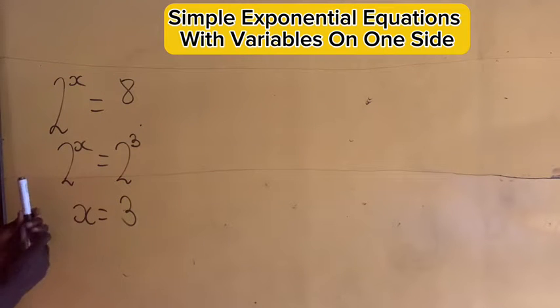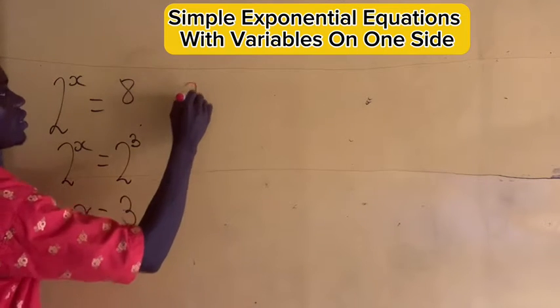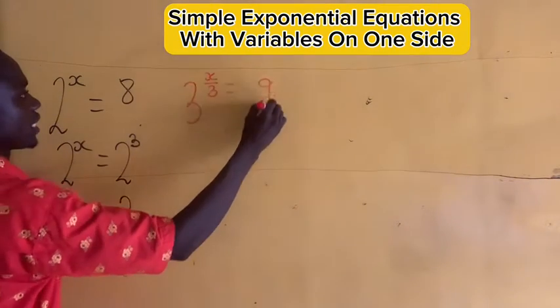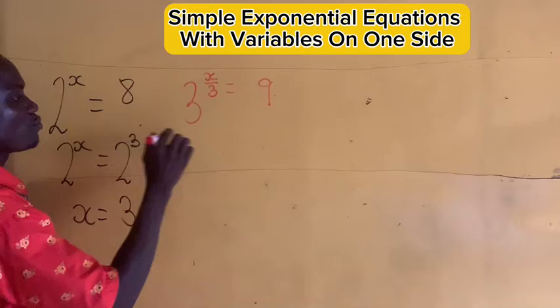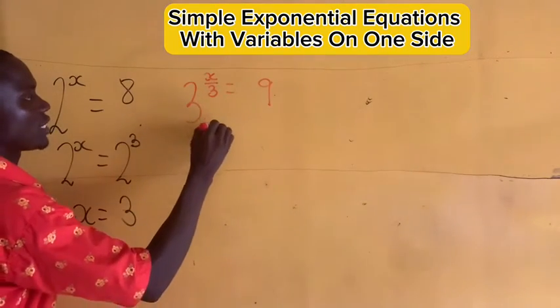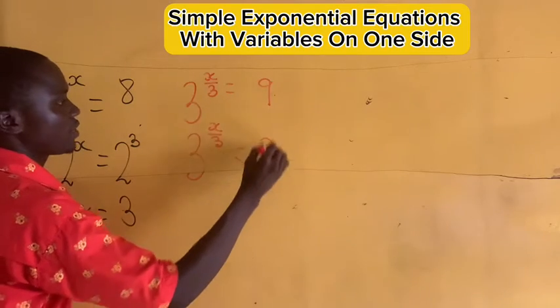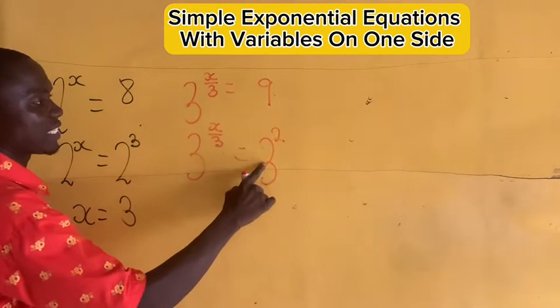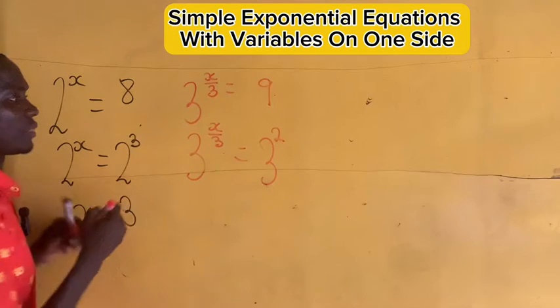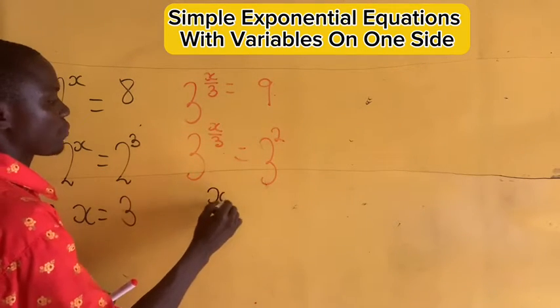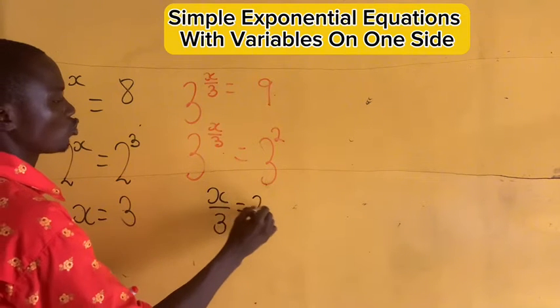Now, let's check this one. What about 3 exponent x divided by 3 equals 9? In the same way, 9 is 3 power 2, that is 3 multiplying itself 2 times. So here, I'm going to get x over 3 equals 2.